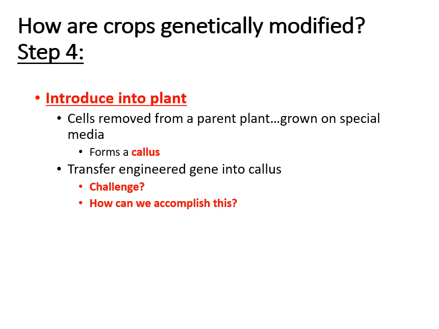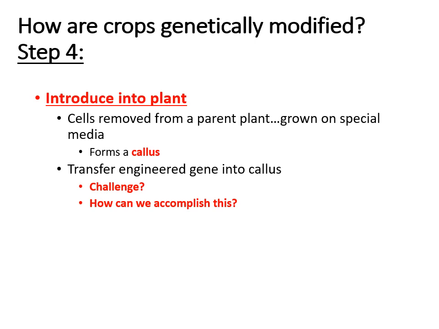And now what you can do with those undifferentiated cells is transfer your modified gene into that clump of undifferentiated cells. Now that poses a challenge, because if you think about plant cells, what do you know about them? Well, they have a really tough cell wall, right?